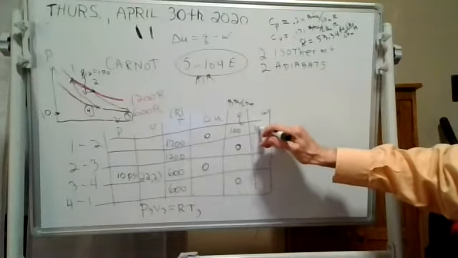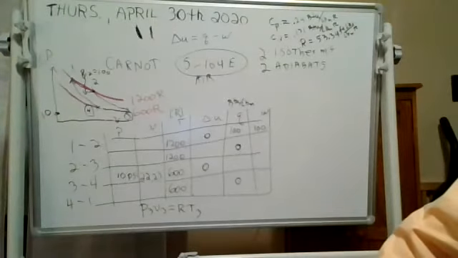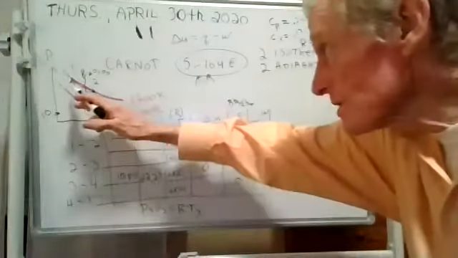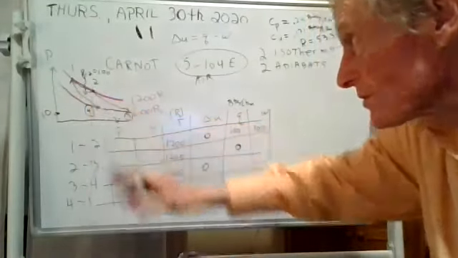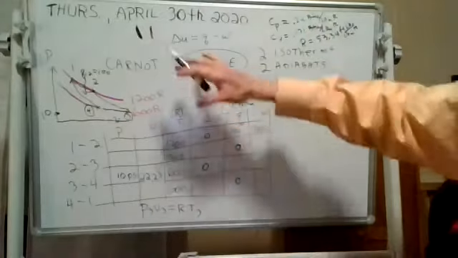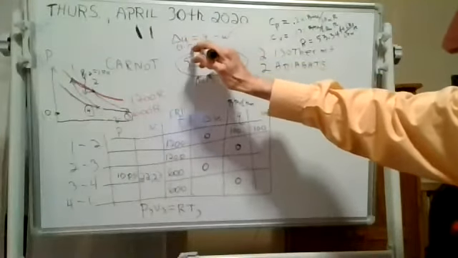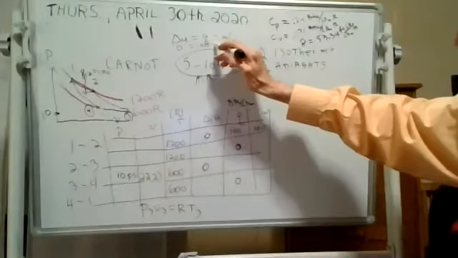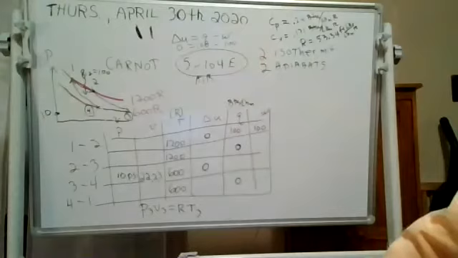Which is it? Plus 100 or minus 100? Plus. It's plus. Can you see going from 1 to 2 is expansion? So the work is plus. And see, that obeys this. You got 0 equals 100 minus 100. It worked. Yay. Good deal.